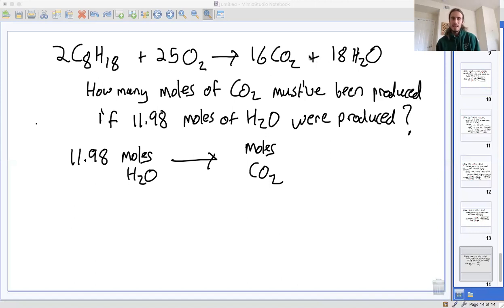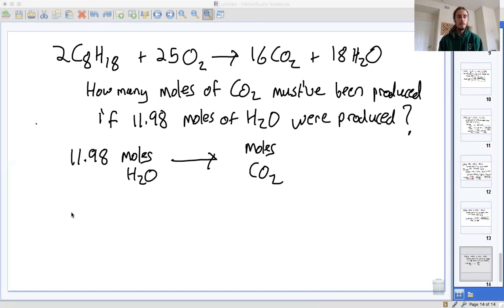But we want to maintain this 16 to 18 ratio, right? 16 to 18 is the ratio between CO2 and water. So we really just need to figure out what fraction of 11.98 is 16 over 18. We know that there's less CO2 than water, so it's going to be less than 11.98.